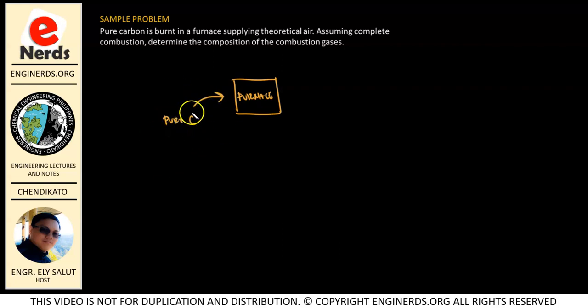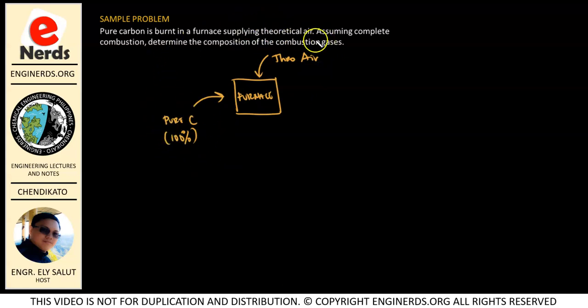Wala tayong ibang component, no? This is 100% carbon. So, wala tayo ditong hydrogen, wala tayong sulfur, only pure carbon. And then, we are supplying theoretical air, so enough air lang to produce complete combustion.